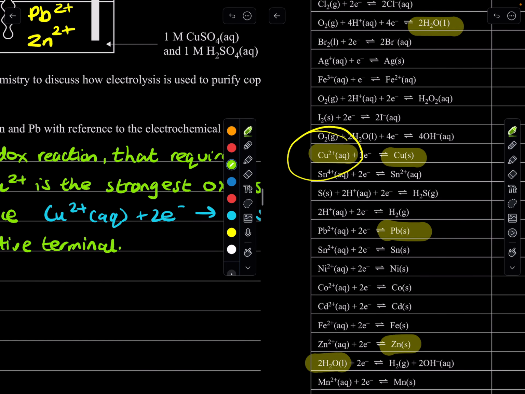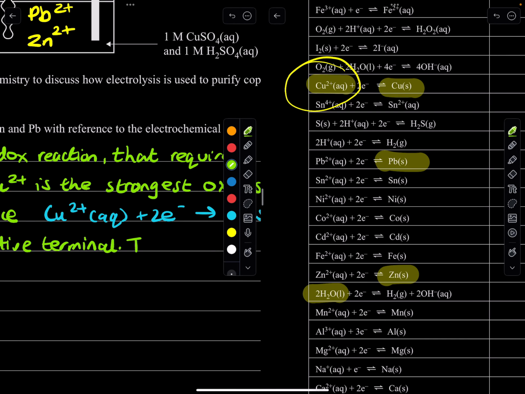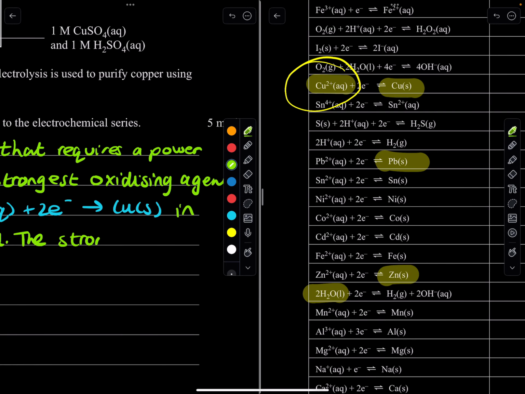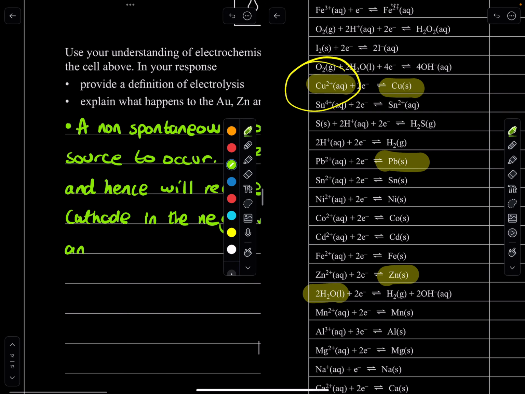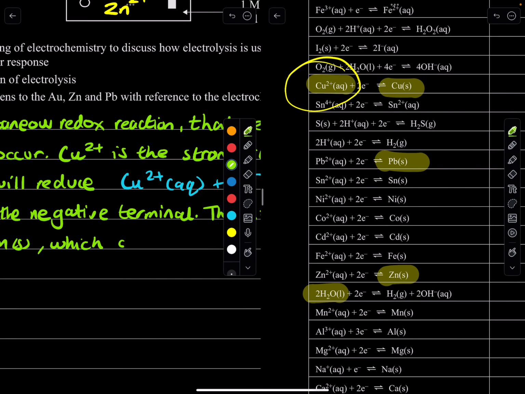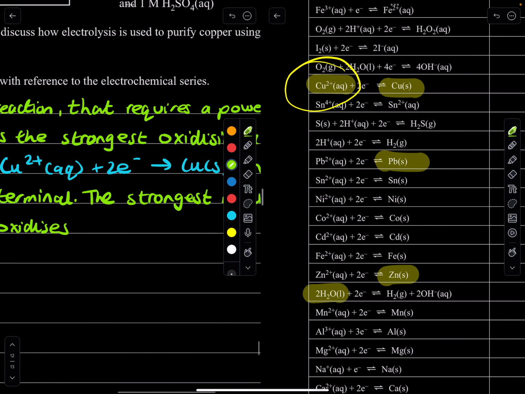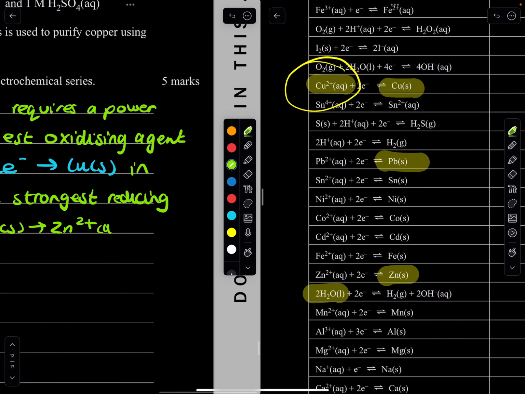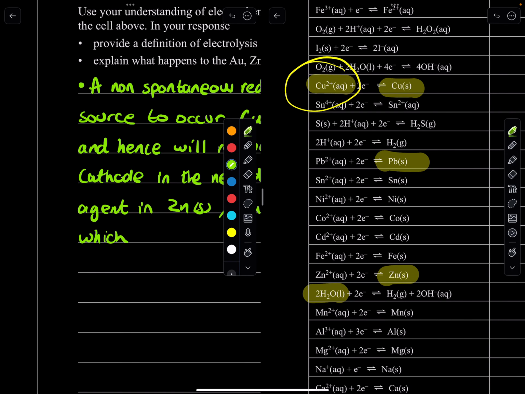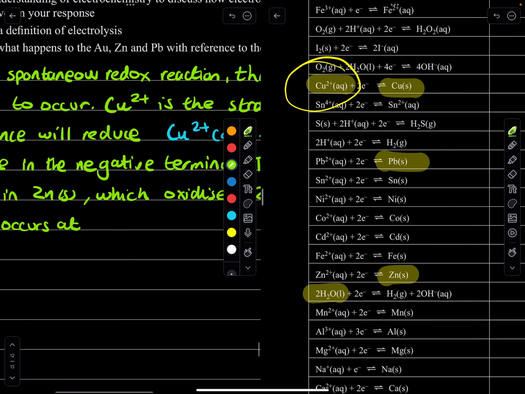That's good. Now the strongest reducing agent, which was the zinc at first. So the strongest reducing agent is zinc solid, which oxidizes to zinc 2 plus aqueous plus 2 electrons, which occurs at the anode, at the positive terminal.